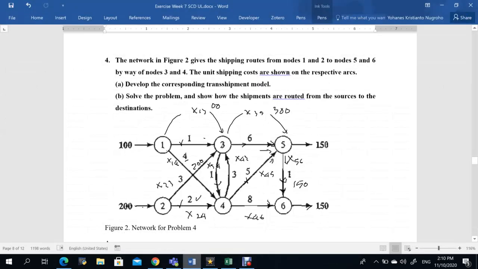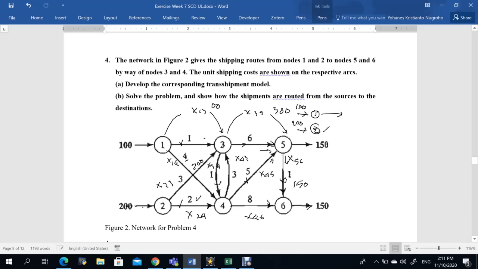If we solve the problem and show how the shipments are routed from the sources to the destinations, then the new network will be like this. Node 1 is 100, and node 2 is 200, right?